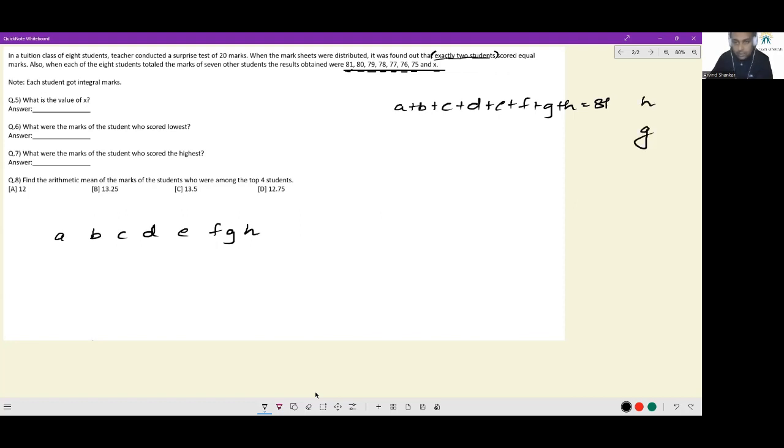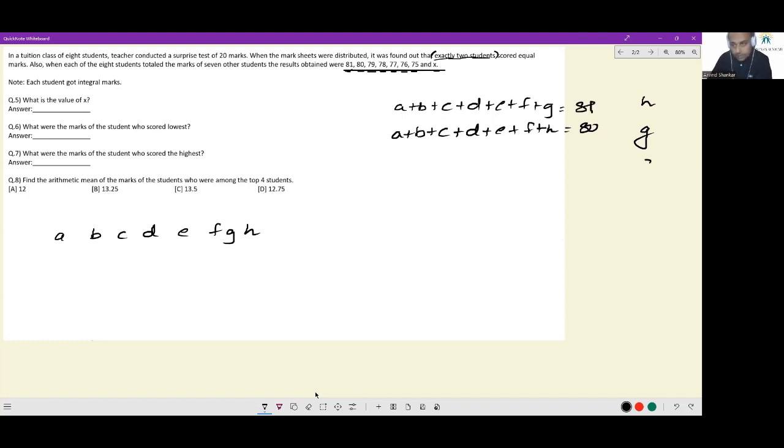Now, if I exclude G, I will have A plus B plus C plus D plus E plus F plus H, and this is equal to 80.